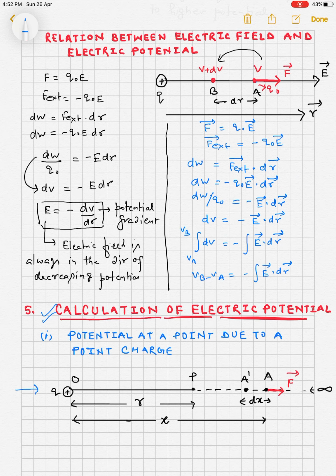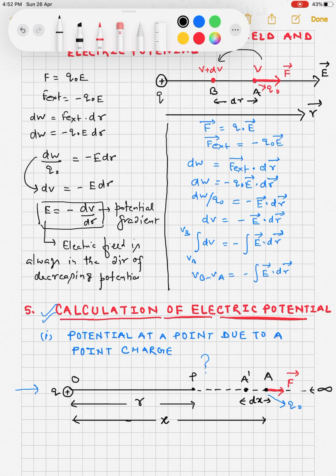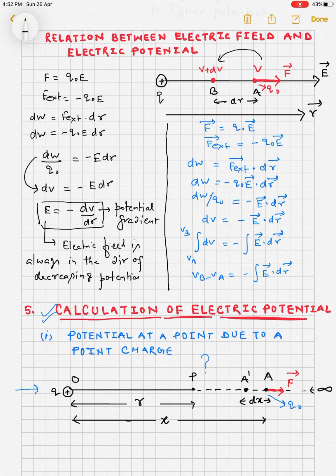Plus Q is a charge that is producing electric field E, and a point P at which we have to find electric potential, which is at a distance r from O. Now a test charge Q naught is brought from infinity to the point P. At some extent, this test charge is at A. So it experiences a Coulomb force.